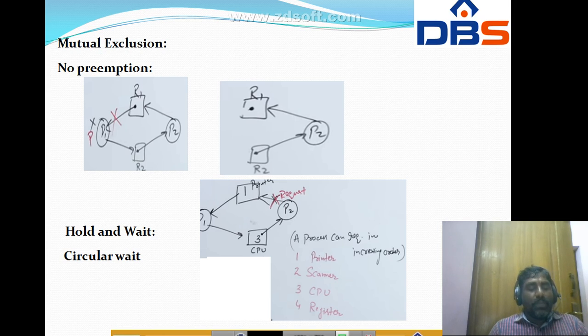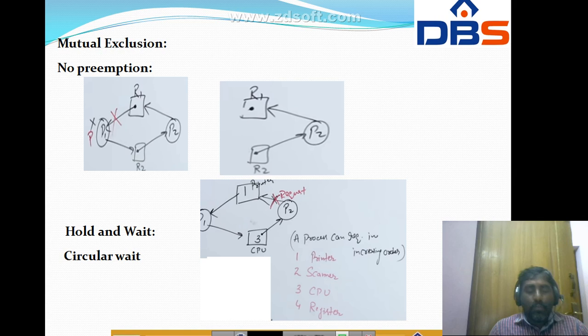If process P1 comes, needs resource 1, that is the printer, it takes it, then it requests for 3, then it takes that. Another process P2 comes, it requests for 3, it can be done, but it cannot request 2 or 1, because they are already used by another process, so we can say no circular wait.